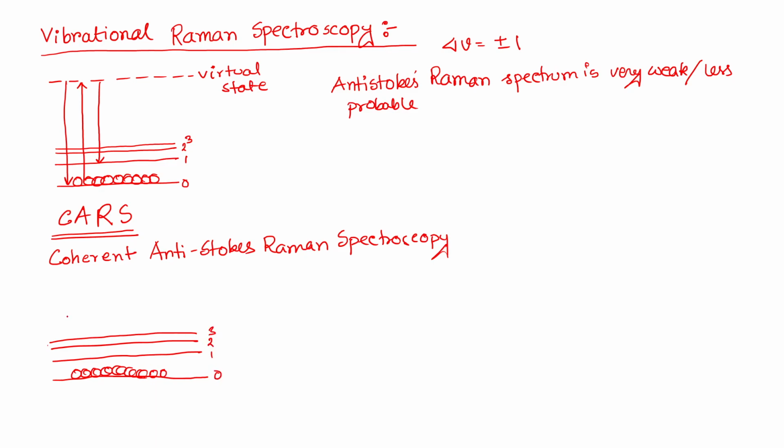From 0, 1, 2, 3, it is going to a virtual state, and then coming back to 1, and then another, suppose this is due to nu L, and this is nu L minus nu M. Now another scattering is done using this nu L minus nu M, coming from another source, not using the scattering, and then it will go again to a virtual state and come to v equals 2, or there is the possibility that it can come to v equals 0, right?